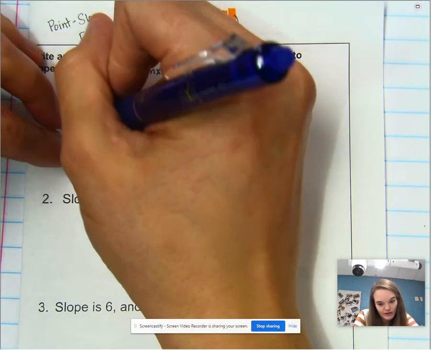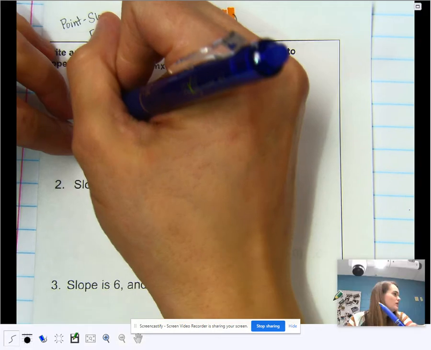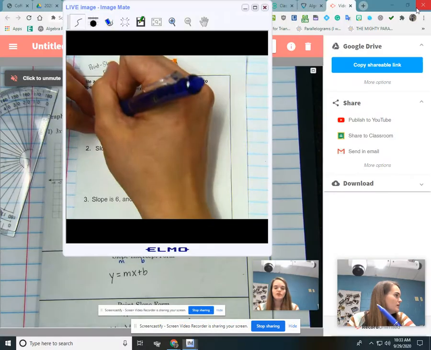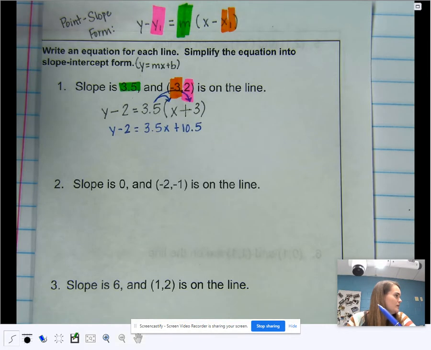Bring down y minus 2 and distribute: 3.5x, 3.5 times 3 is 10.5. My stuff froze, so let me hop out of here for a minute. There we go.